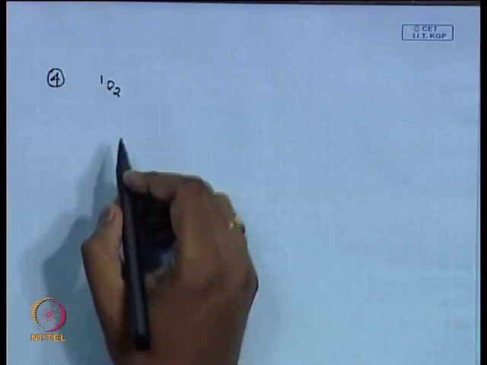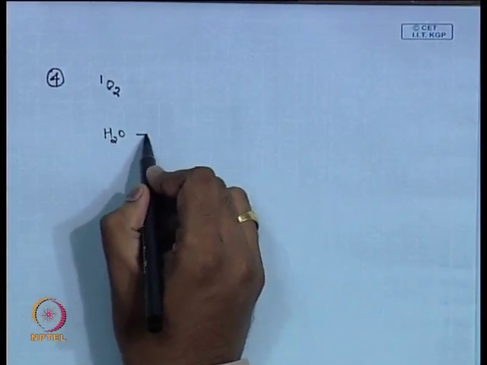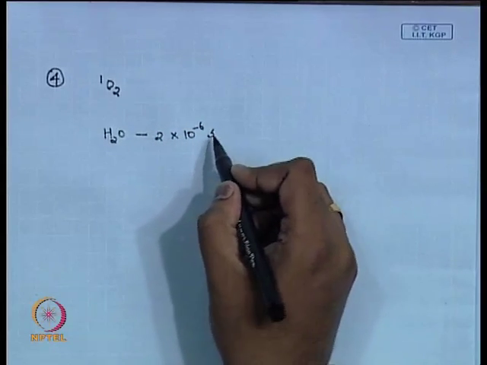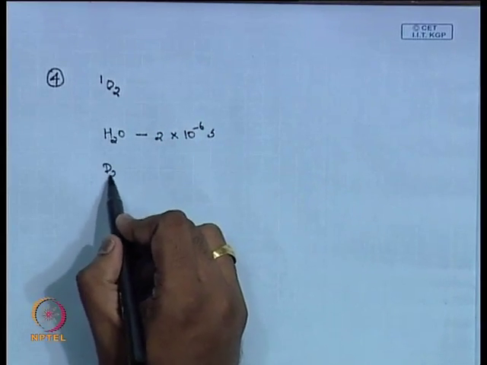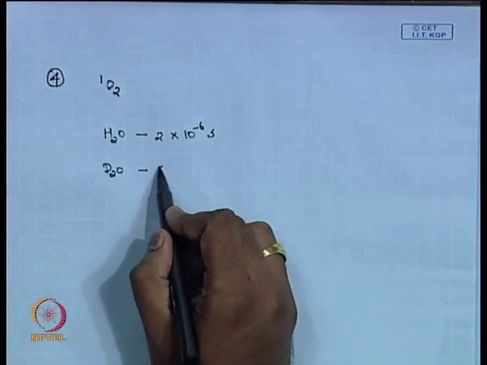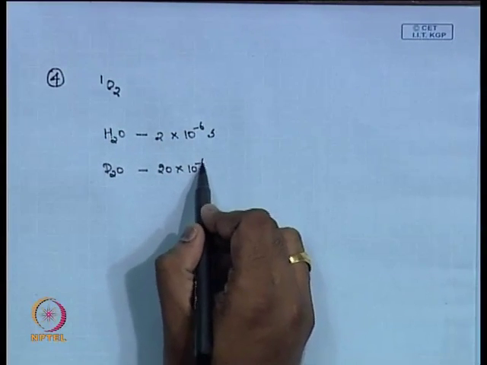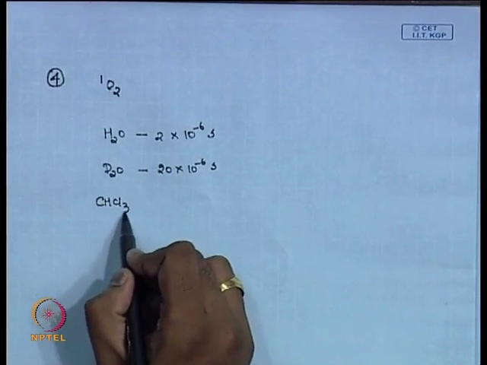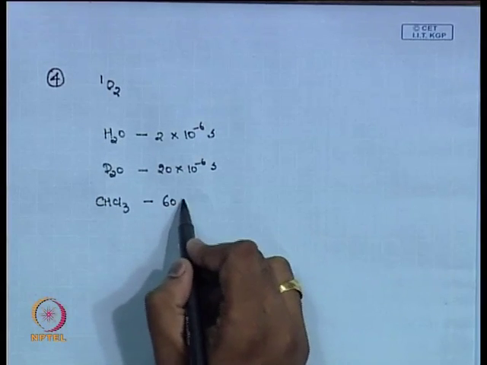In water it has a lifetime of 2 into 10 to the power of minus 6 second, but in D2O it increases to 20 into 10 to the power of minus 6. In chloroform, it is 60.